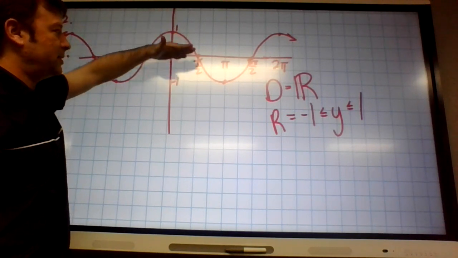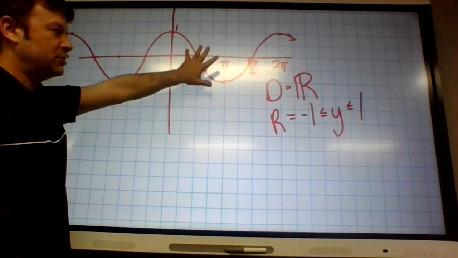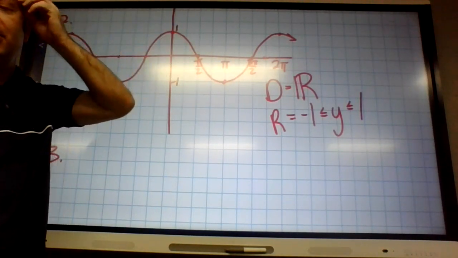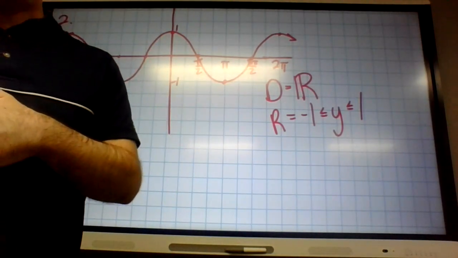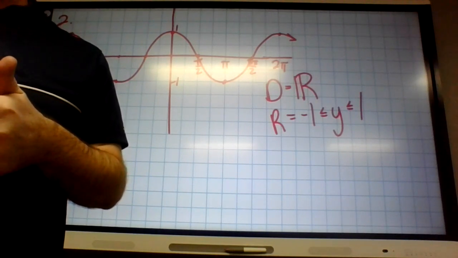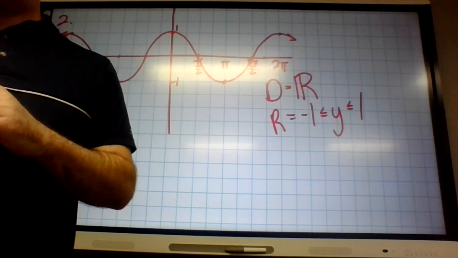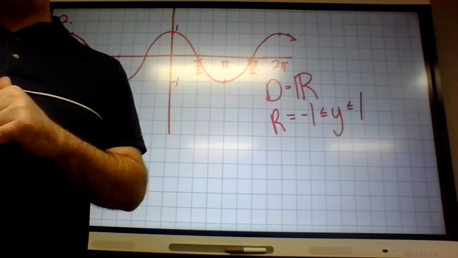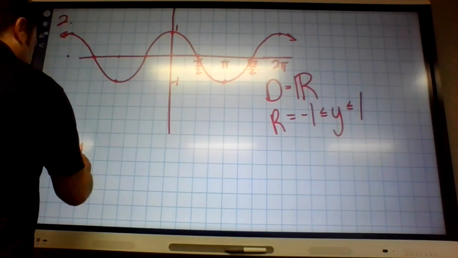It went 1 up and 1 down from the middle. So the amplitude on 1 and 2 is 1. On number 3, what is the amplitude? How far is the graph going up from the middle or down? It's going up to 3. Because they're counting by 2s, what's halfway between 2 and 4? 3. So the amplitude is 3.